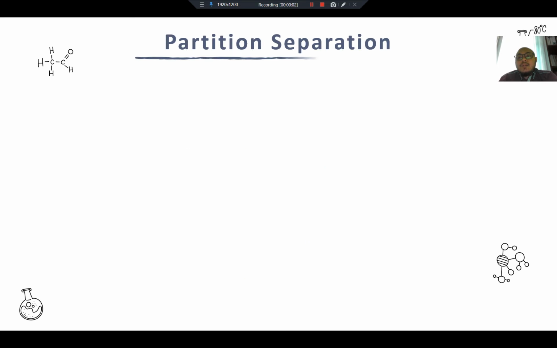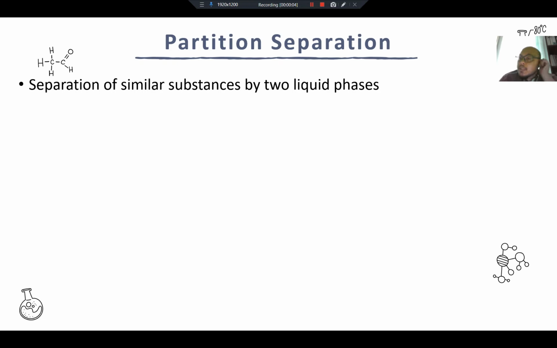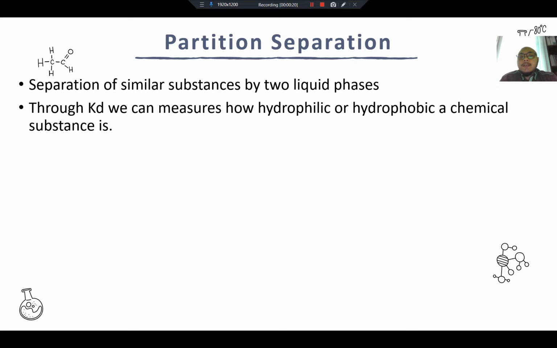Okay, so now let's recap on partition separation. As we know, partition is a separation process of similar substances, or chemical substances or pure substances, by two liquid phases. Okay, by two phases. Through KD we can measure how hydrophilic or hydrophobic a chemical substance is.